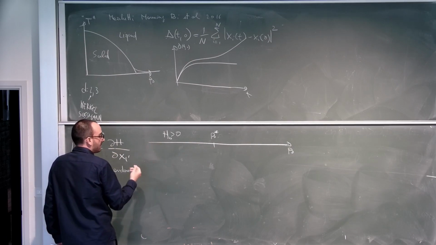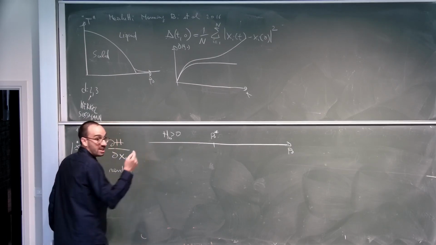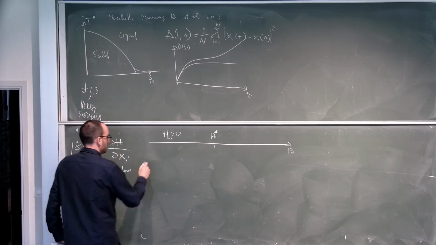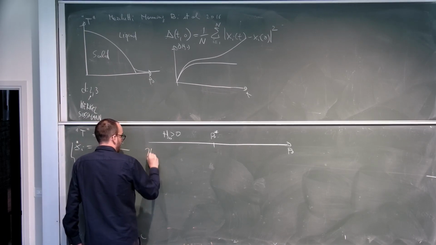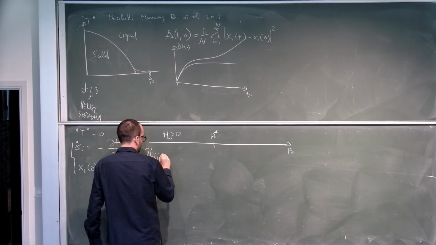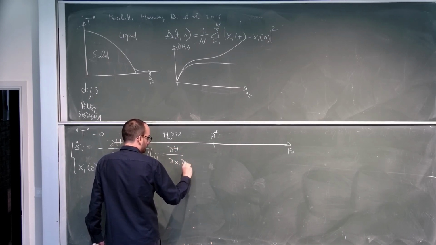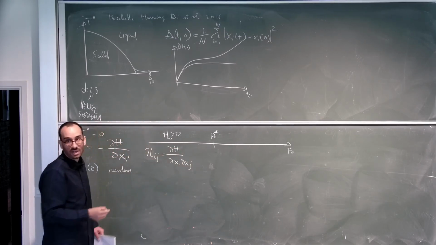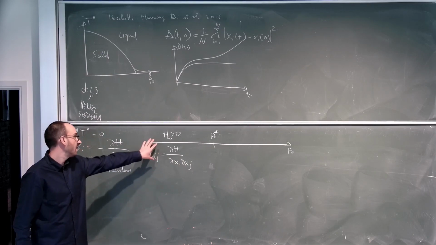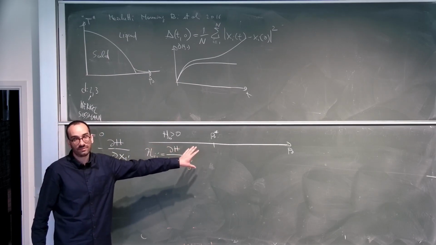I can, for example, look at the spectrum of the action in this minimum. So I can define some action, and I can look at the eigenvalues of this matrix. And the eigenvalues of this matrix are all positive.